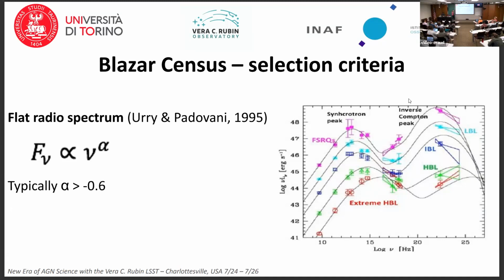The flat radio spectrum is usually what we expect in a blazar, and the catalogs that we already saw were done just by analyzing the radio spectrum.